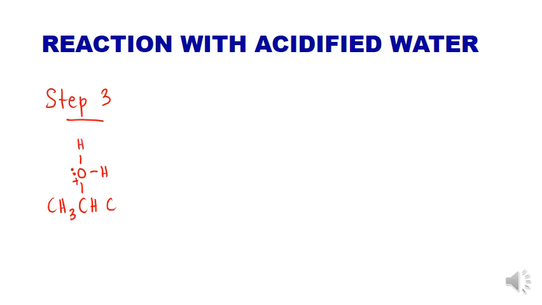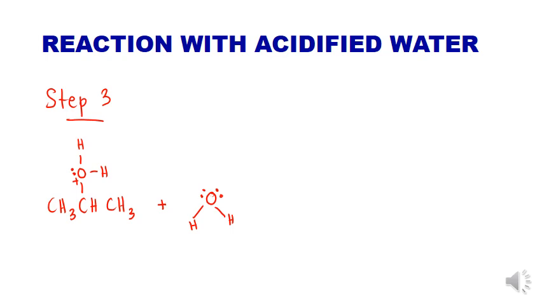So this makes this protonated alcohol become the electrophile. So to remove one of the protons from this protonated alcohol, we need a nucleophile. So the only nucleophile that we have in this reaction is water itself, which contains the lone pair. So they are electron-rich species.